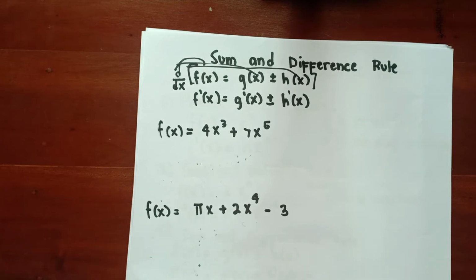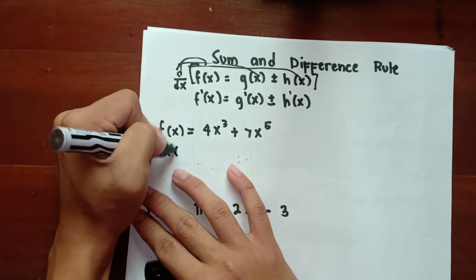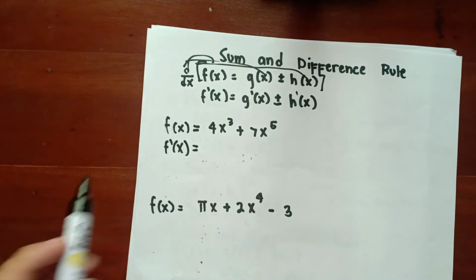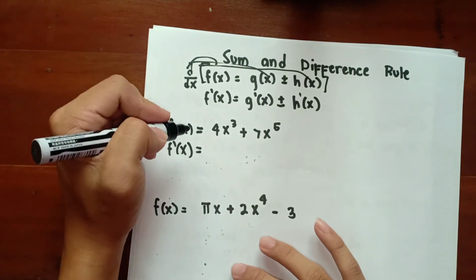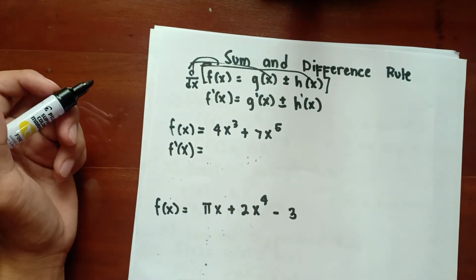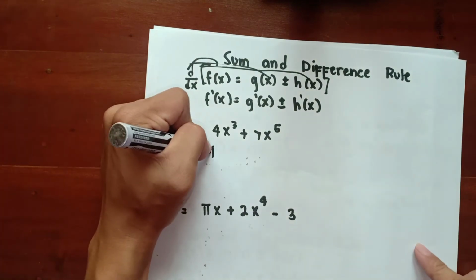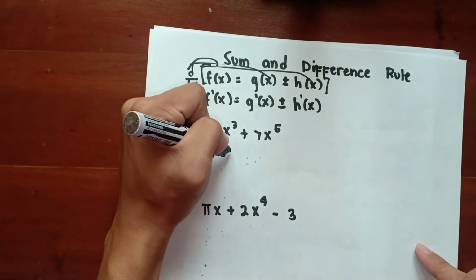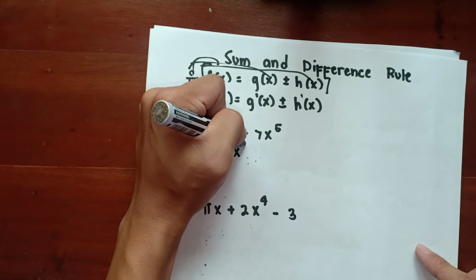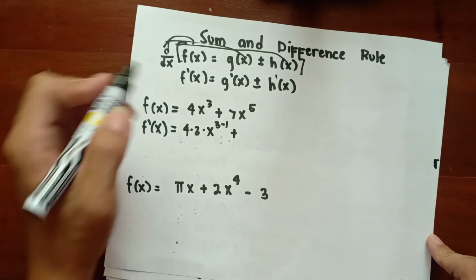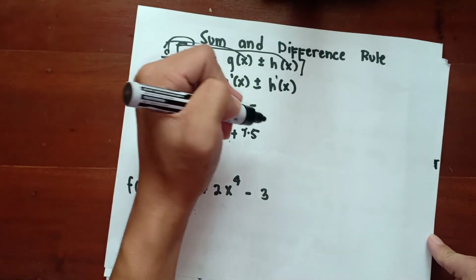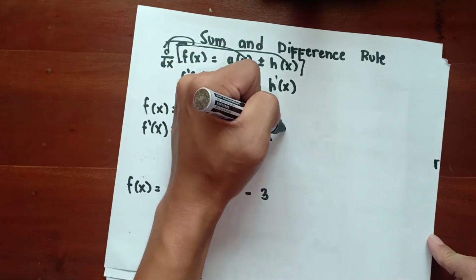So we have here f of x is equal to 4x cubed plus 7x raised to 5th. So f prime of x: distribute the d over dx, which is the differentiate sign. What's the derivative of 4x cubed? 4 multiplied by 3 multiplied by x raised to 3 minus 1, plus, by the distributive property, 7 multiplied by 5 multiplied by x raised to 5 minus 1.